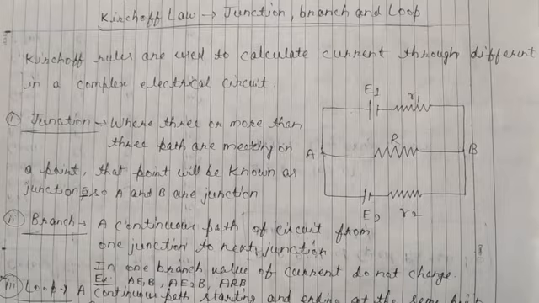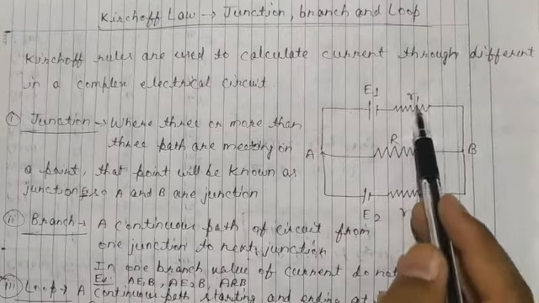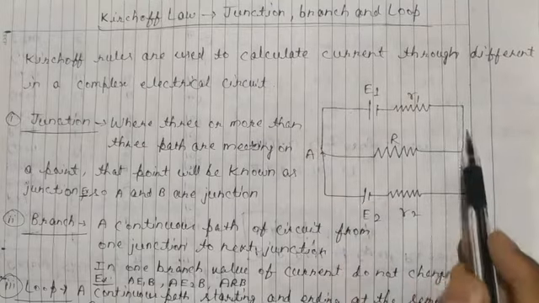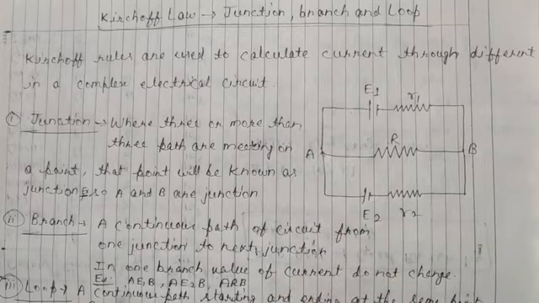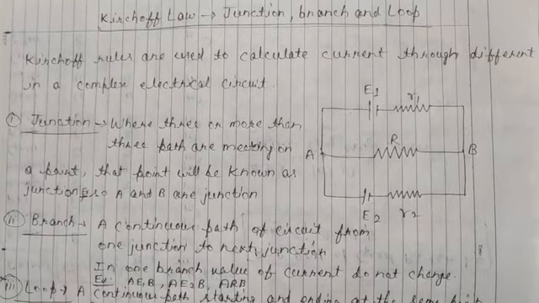Are you seeing any third loop? Yes, there is a third loop. Third loop is A, E1, R, B, R2, E2, A. This is the third loop. So I introduced you to three terms: what is meant by junction, what is meant by branch, and what is meant by loop.